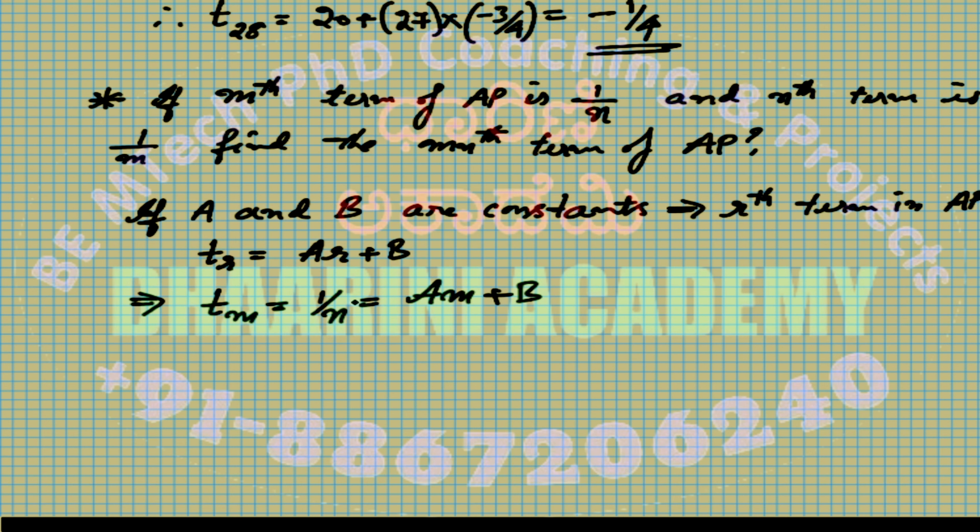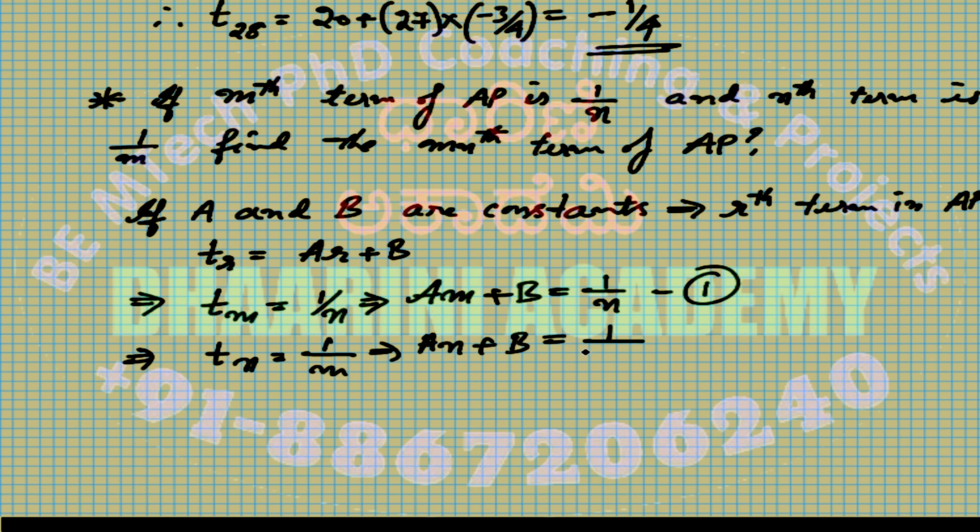Call this equation number 1. They have also mentioned that the nth term is 1 by m, so A times n plus B is equal to 1 by m. This is equation number 2.